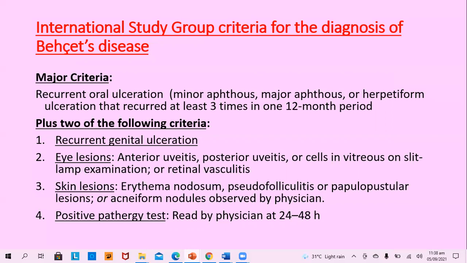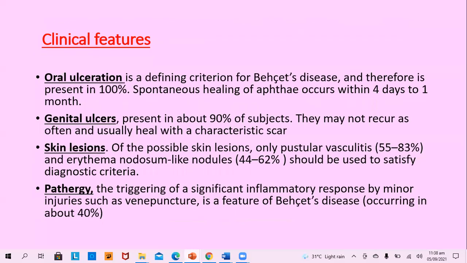Skin lesions can be erythema nodosum, pseudofolliculitis, or papulopustular lesions, or acneiform nodules observed by physicians. And the fourth criterion is a positive pathergy test that is read by a physician after 24 to 48 hours. So the major criterion, that is the recurrent oral aphthae, plus any 2 of the above mentioned criteria, if fulfilled, then the patient is labeled as Behçet's disease.